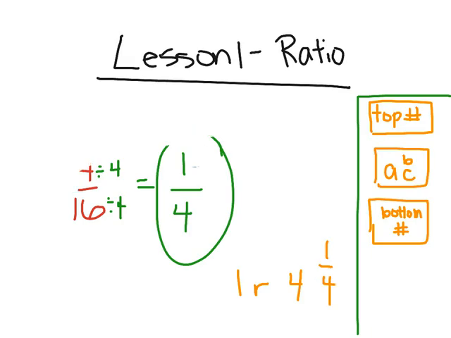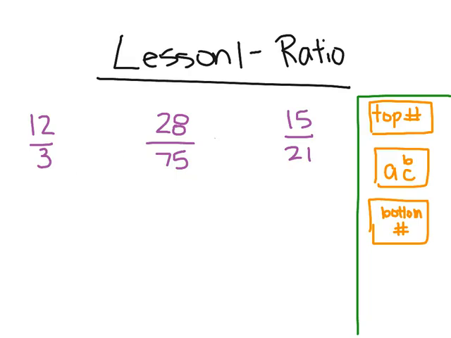So let's try a couple more. If we have the fraction 12 over 3, if we click 12 ABC 3, you should get 4. Anytime you have a whole number, the fraction is the same as 4 over 1.